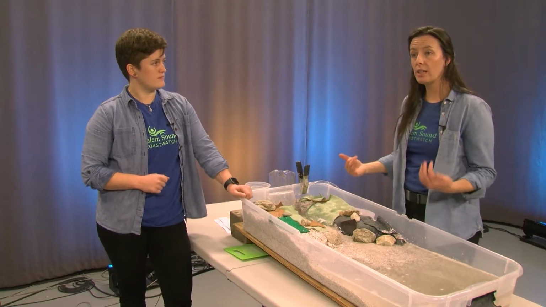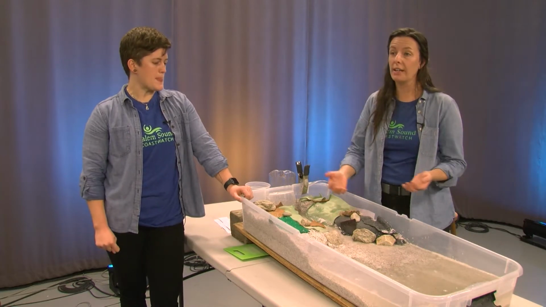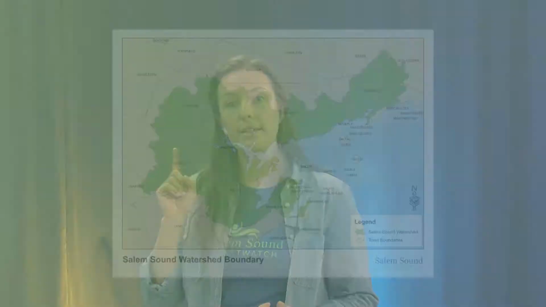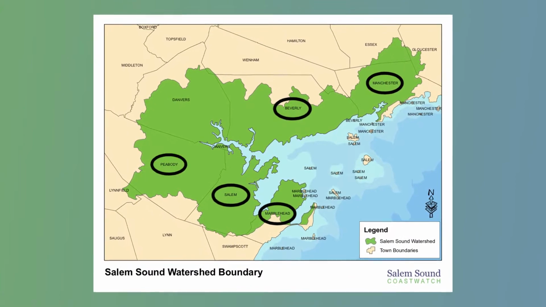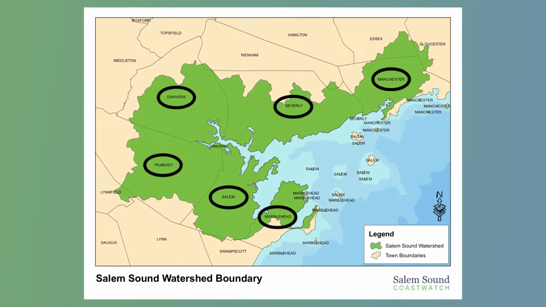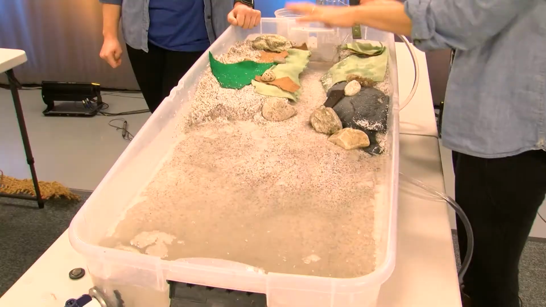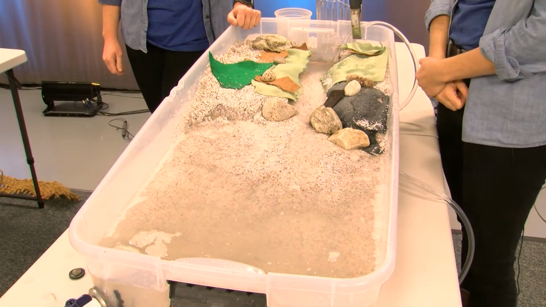Just like here in Salem and in the Salem Sound watershed, if we pretend that this is Salem Sound, then all of the land up from Salem Sound, like Salem, Beverly, Marblehead, Manchester, Peabody, and Danvers, all of that water flows from that land and those towns right down to the ocean.